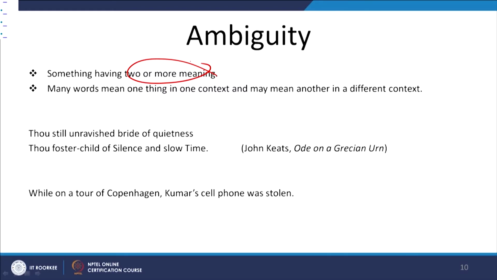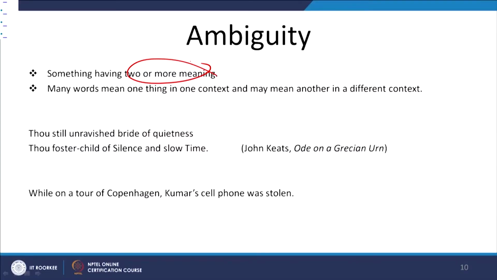So sometimes when you have a purpose, especially in advertisements, you will find they create ambiguity because their main aim is to put it in such a manner that the buyers or the clients are induced. Now in literature you will come across plenty of ambiguities, and in literature ambiguity is considered to be a sort of trait. But in everyday writing this ambiguity does not carry much weight.